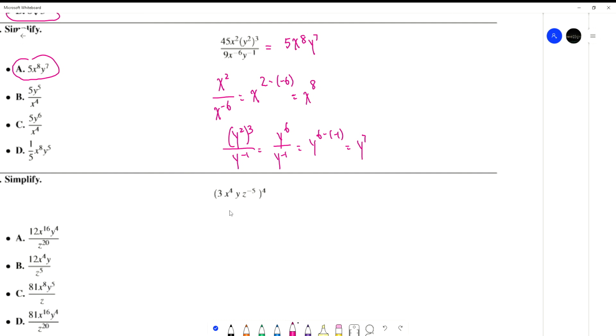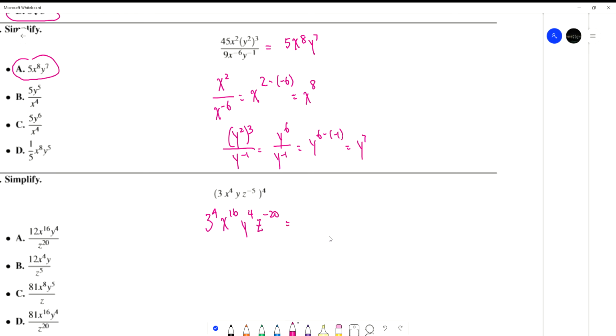Alright, number 5. We have 3x to the 4th, y, z to the negative 5th. All of this is raised to the 4th power. That's our power rule. So this is 3 to the 4th. X to the 4 times 4 is 16. Y to the 4th. And Z to the negative 20th. Right?